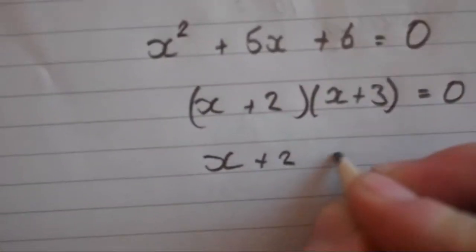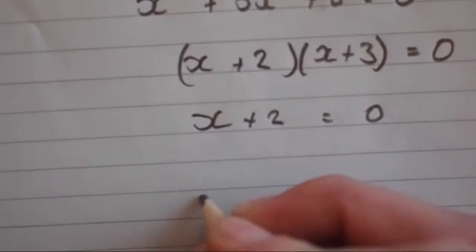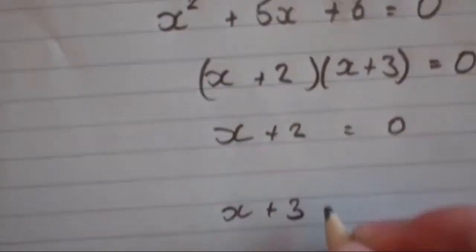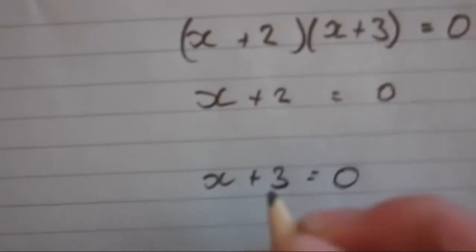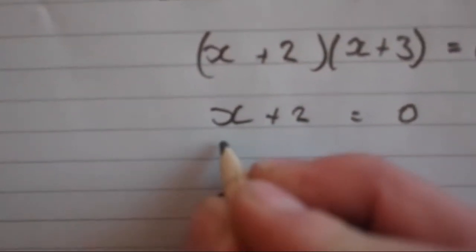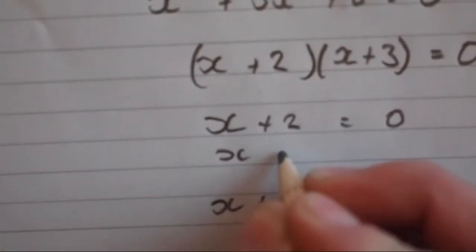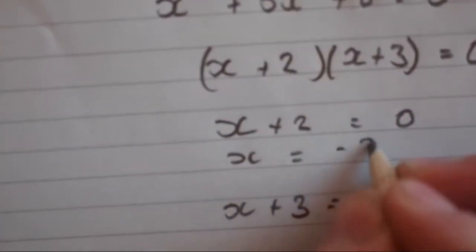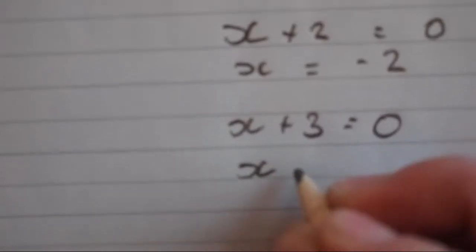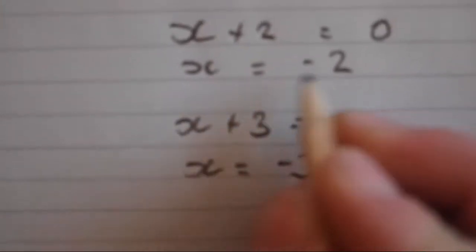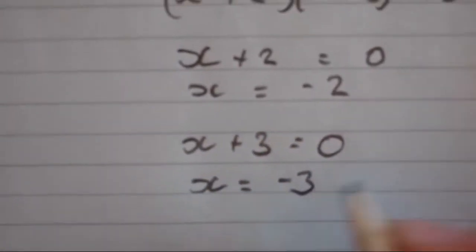So x plus 2 equals 0, and x plus 3 equals 0. Now you can see in this example we are going to get two different answers for our sum. So we get x equals minus 2 and x equals minus 3.